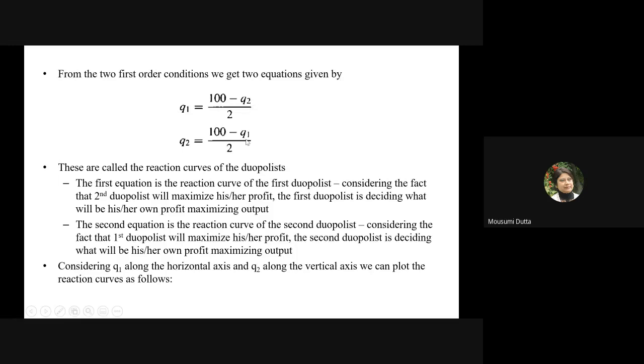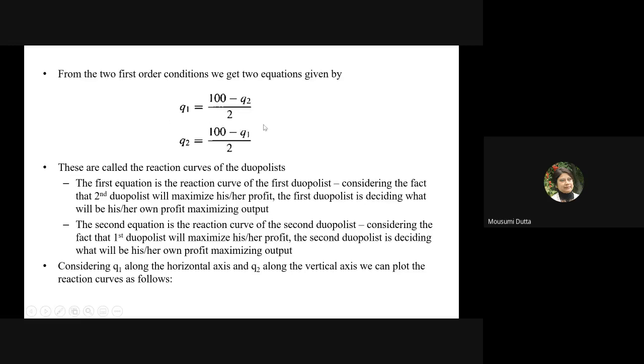Given you are producing this amount, I'll produce this amount. So Q1 is a reaction to different levels of output of Q2. Similarly, for the second firm, Q2 is a reaction to different levels of output of Q1.